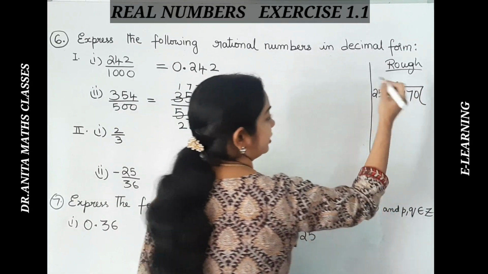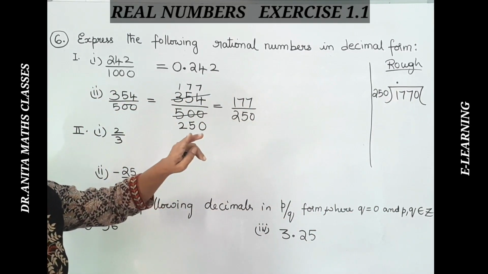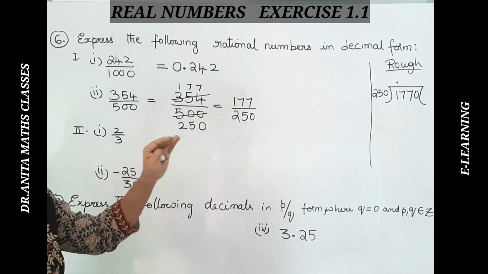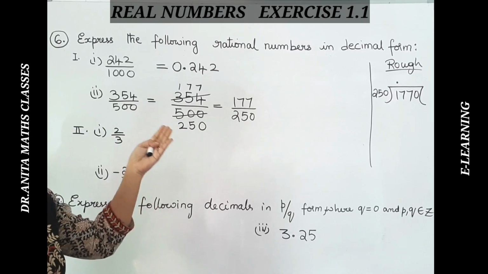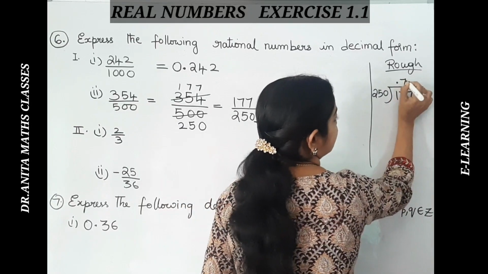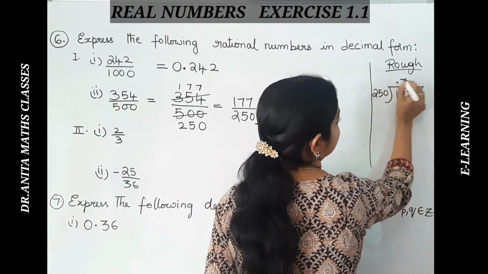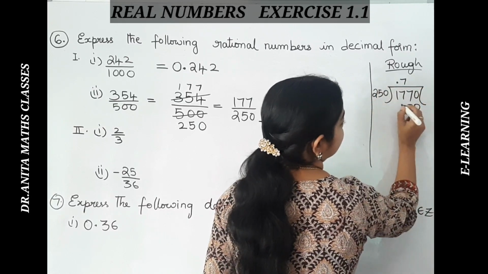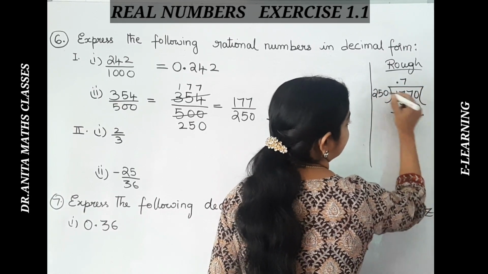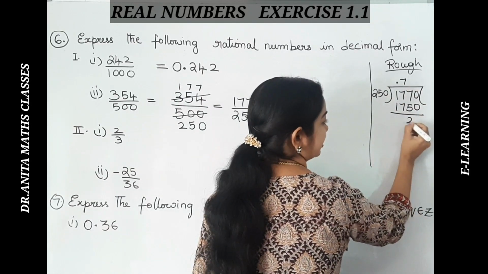Now 250 into how many gives 1250? 5 times, 6 times, 7 times you can take. 250 into 7 is 1750. If you subtract it, you get 20.